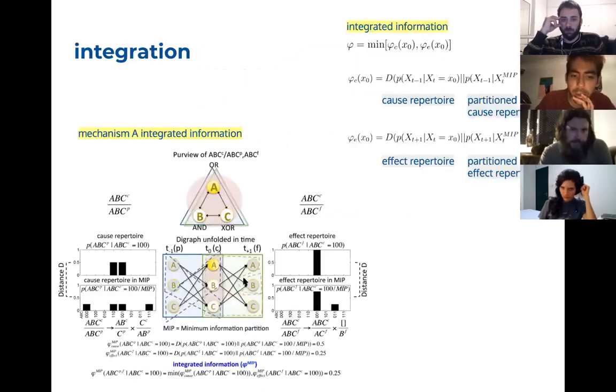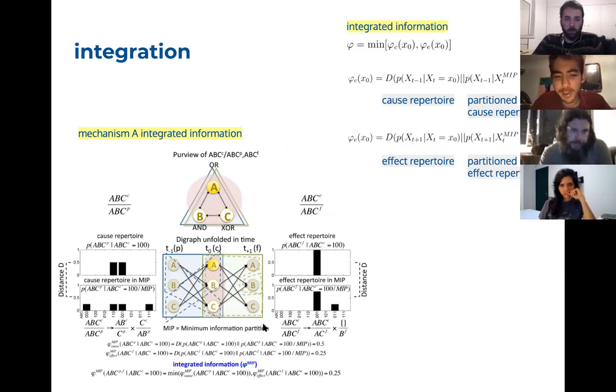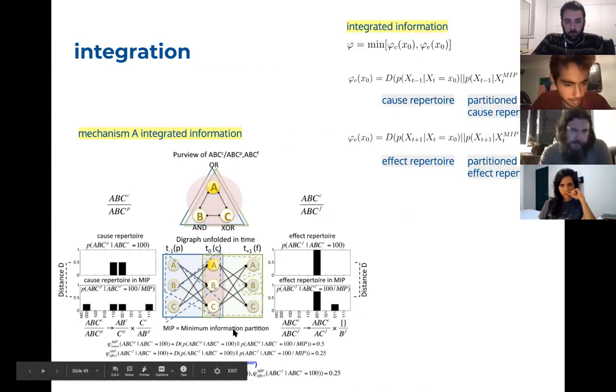What you actually have to do is partition all the cause and effect purviews and try to cut all possible ways. And you get problems because the partitions grow factorially.